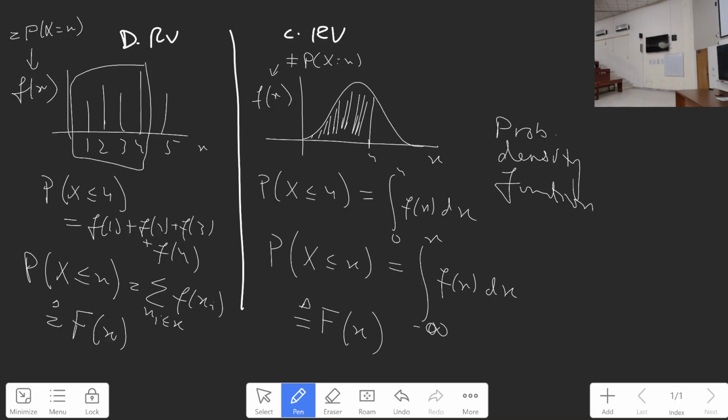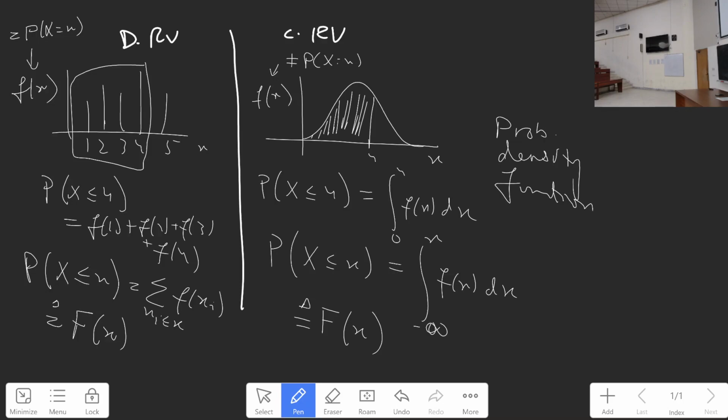Now, the beauty of this whole exercise is this. Once you understand this difference and the difference that summation will be replaced by integrals, everything else, we had studied five things, right? Which ones were they? Mass function, probability mass function, cumulative distribution function, joint, marginal and conditional.